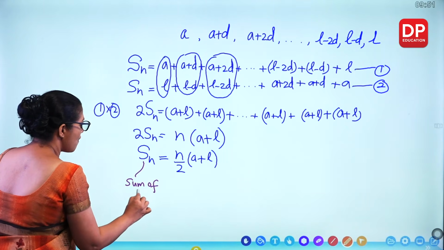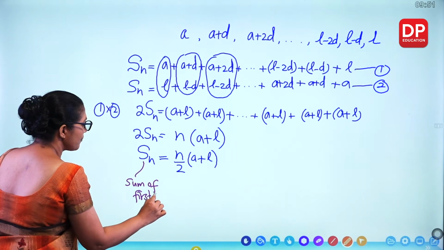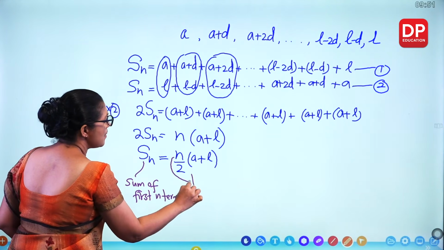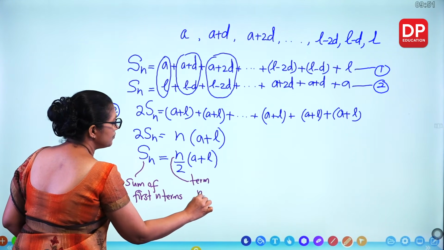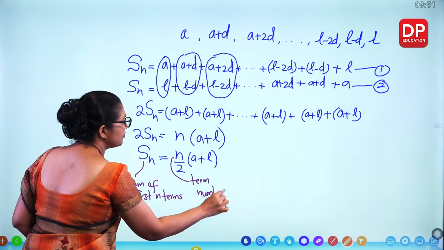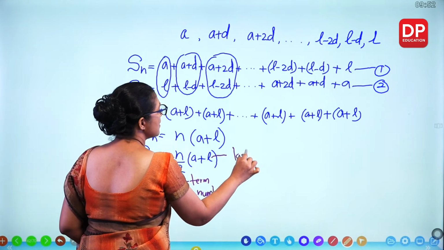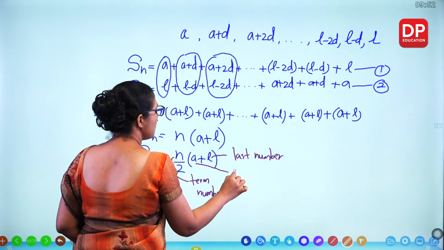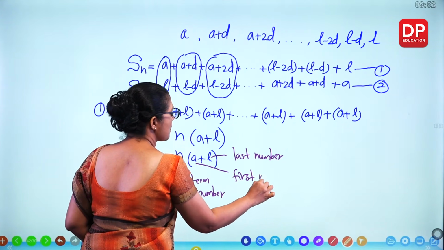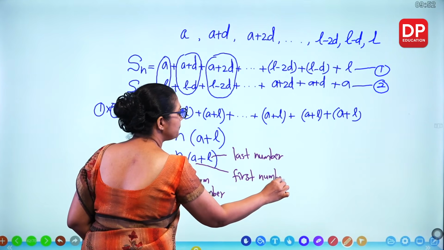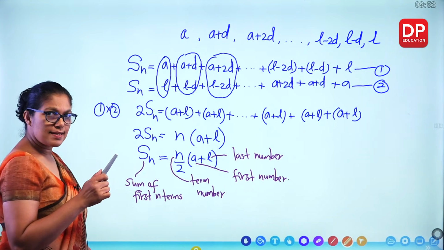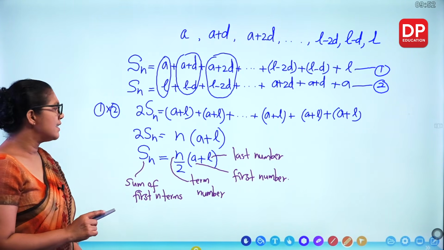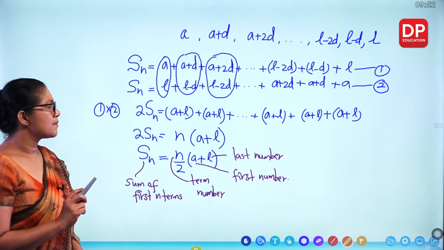The sum of the first n terms. n is the term number, L is the last number and A is the first number. So if you know the first term and the last term, straight away you can apply this formula and get the sum of the first n terms.